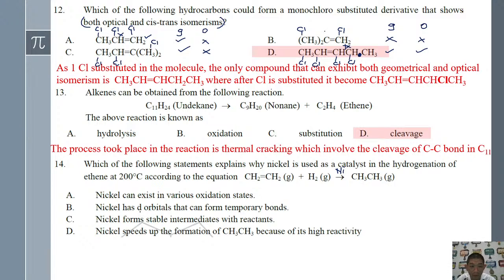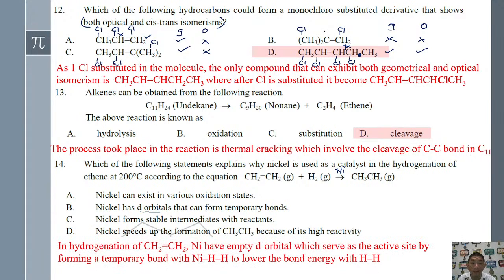We call it chemisorption, to form a temporary bond that weakens the hydrogen-hydrogen bond, because the hydrogen-hydrogen bond is very strong. So that's why you need an active site to weaken the bond, hence makes the hydrogen easily break to form the alkane. So that is why the best answer for this question is B.